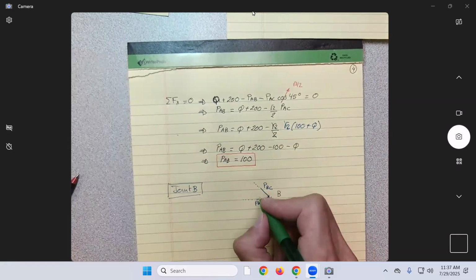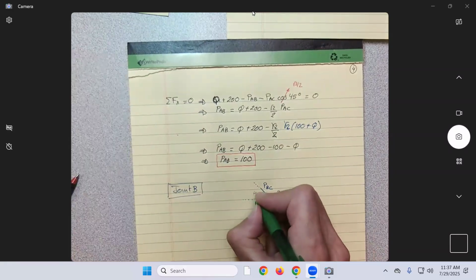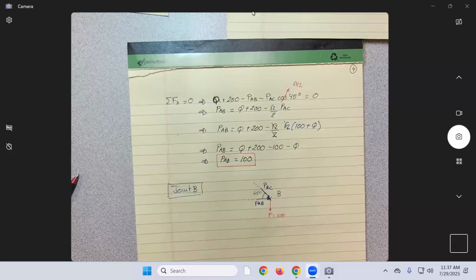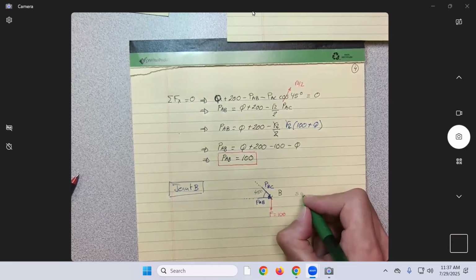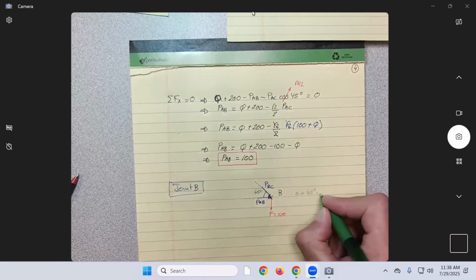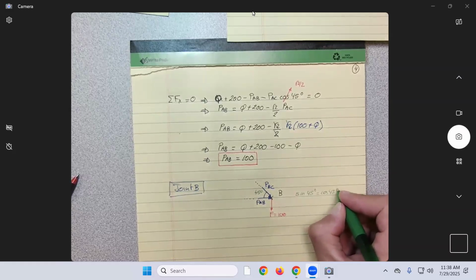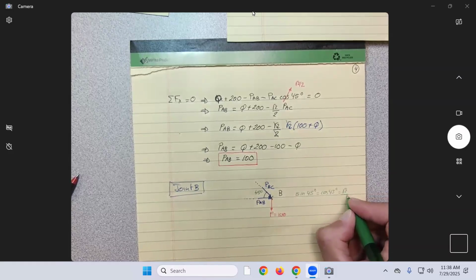Let's see if I use the same color as before, this would be 45. Okay, as before, sine 45 equals cosine 45 equals square root of 2 over 2.